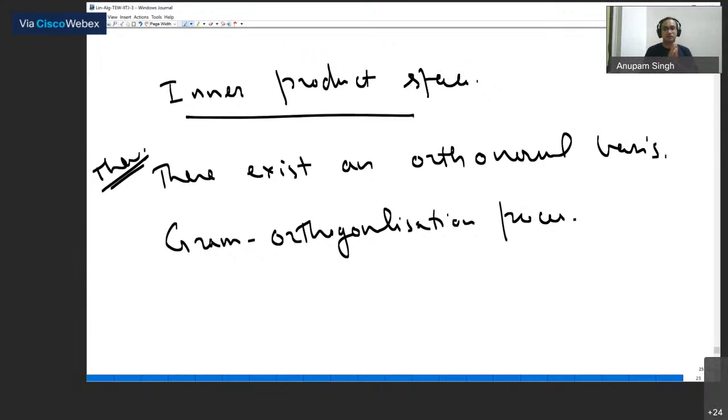So there is always an orthonormal basis. And with respect to that orthonormal basis, if you write the matrix of the bilinear form or Hermitian form, you will get the identity matrix. So the proof is very simple in this case.